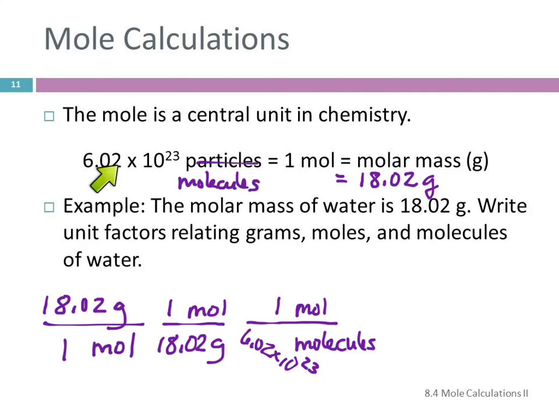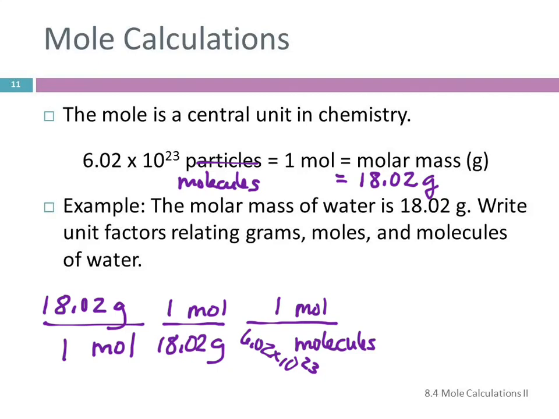We're saying that Avogadro's number of molecules equals 1 mole of water, which equals 18.02 grams of water. Therefore, 18.02 grams is equal to Avogadro's number of molecules. To make a unit factor, you just need 2 quantities that are equal, and you can put whichever one you want on the top, and you put the other one on the bottom.